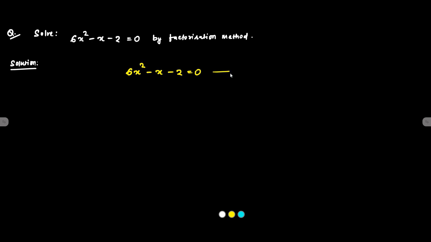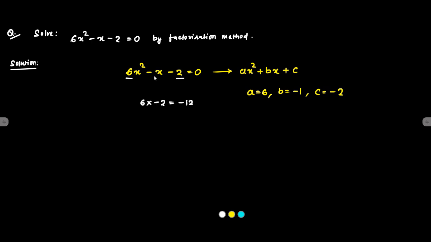If we compare it with the standard format of a quadratic equation, ax square plus bx plus c, then a is equal to 6, b is equal to minus 1 and c is equal to minus 2. So here the product of the two terms a and c is 6 into minus 2, which is equal to minus 12.